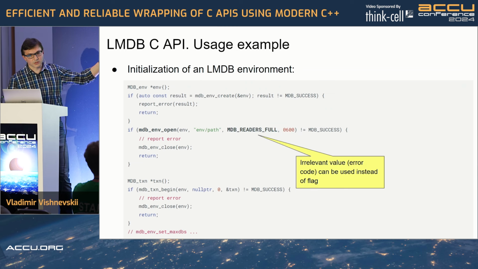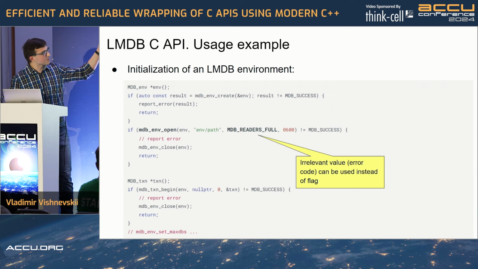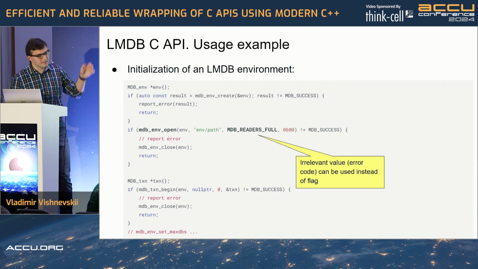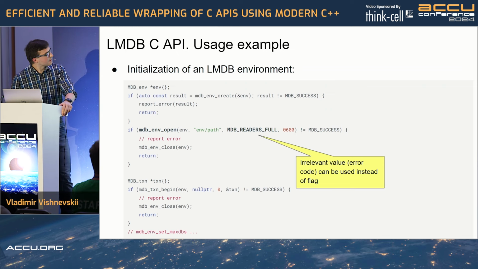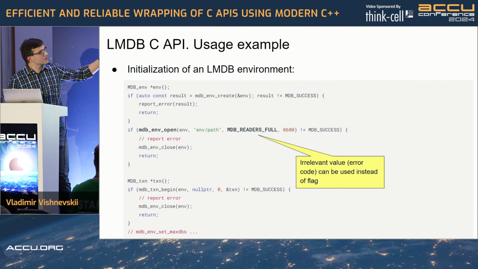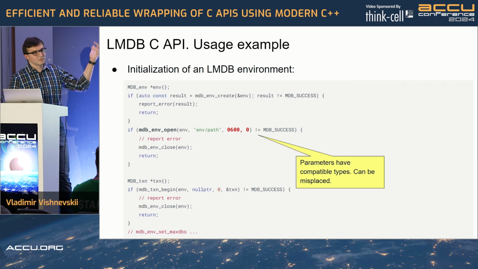It's actually an error code. Why? Because it's just a macro constant and the flags are represented as integers. So it's just passing here. I'm making this mistake and I don't see that. Also, there is a fourth parameter, the default file system permissions that will be assigned to the files created within the environment. I can also just misplace them.